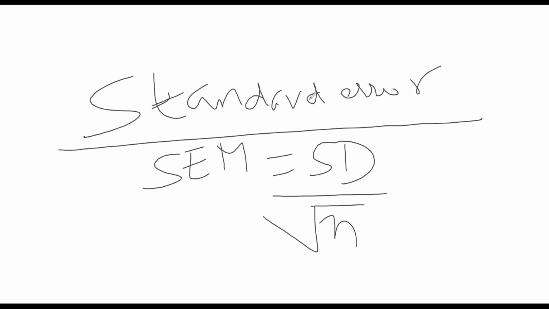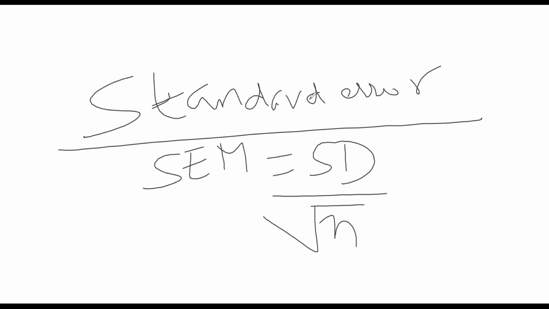Standard deviation quantifies how much our data is scattered from the mean, how much the values vary from one another. Whereas standard error of mean quantifies how precisely we have determined the true value of the mean.